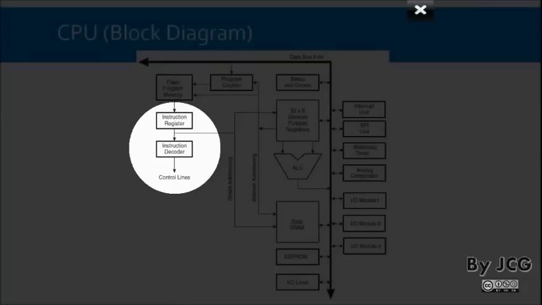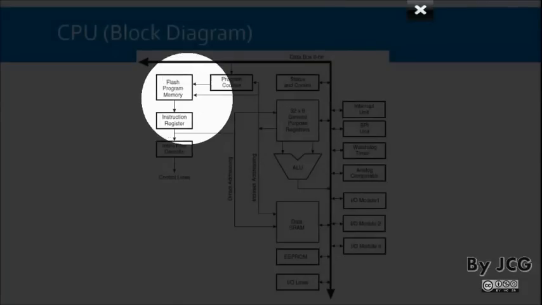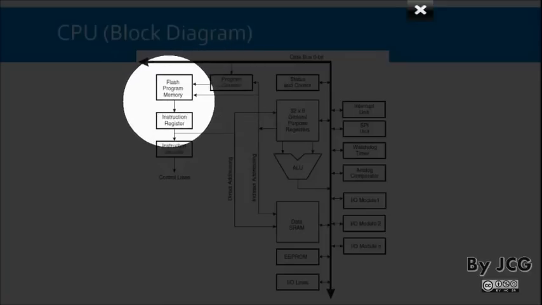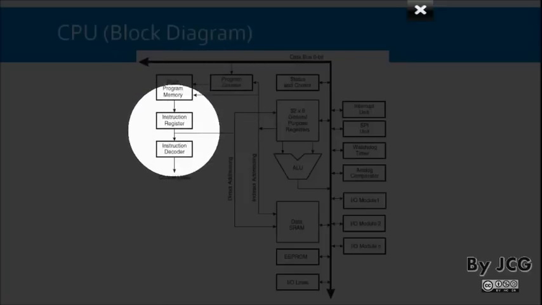Another important part is the instruction register, which, as you can see, is connected to the program counter and the flash memory. The instruction register holds the current instruction to be executed by the CPU. And the instruction decoder is a specific part of our microcontroller which decodes or translates the instruction.